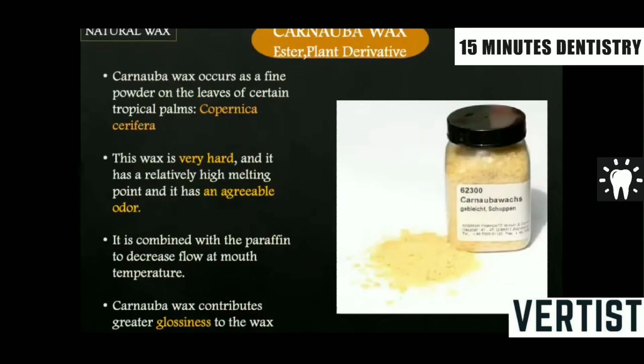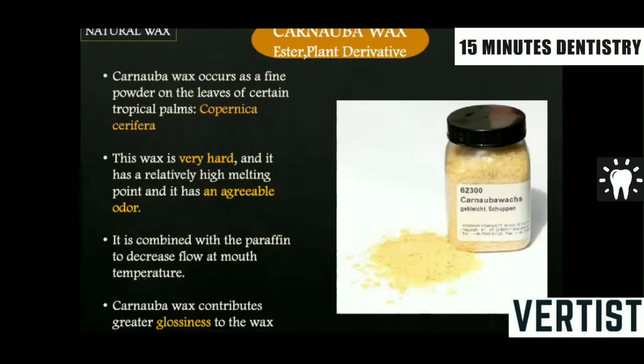Because in theory some waxes are asked even in the viva, it is not possible for us to write about all the waxes, but the main waxes which we use in dentistry, I have compiled them and written some important aspects about them for you to understand.